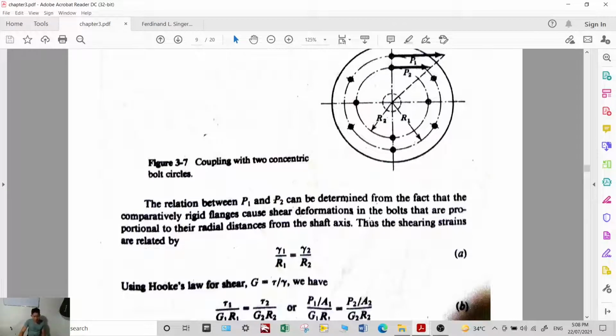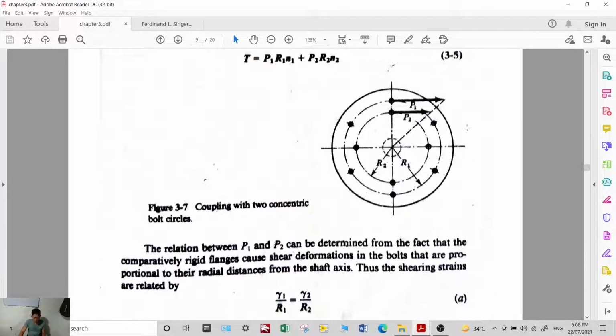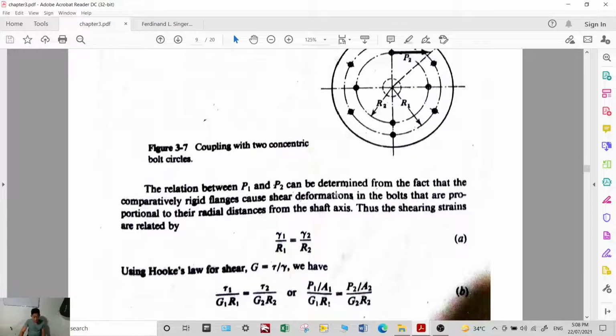And then the relation between, kung gusto mo kuha ng relation between force 1 and force 2 can be determined from the fact that the rigid flanges causes shear deformations in the bolts that are proportional to their radial distances from the shaft axis.